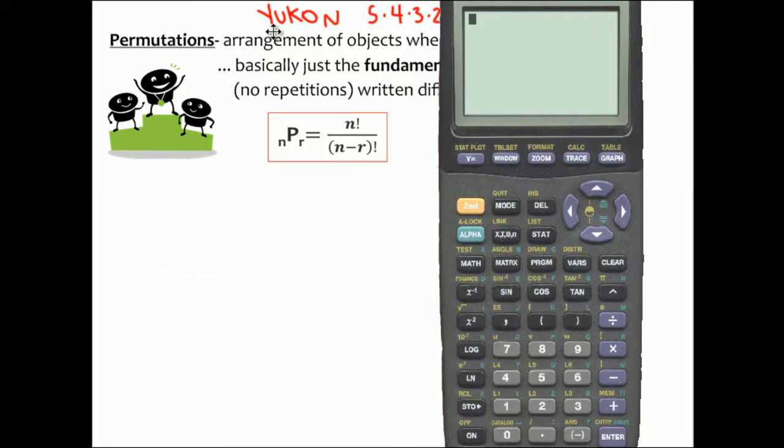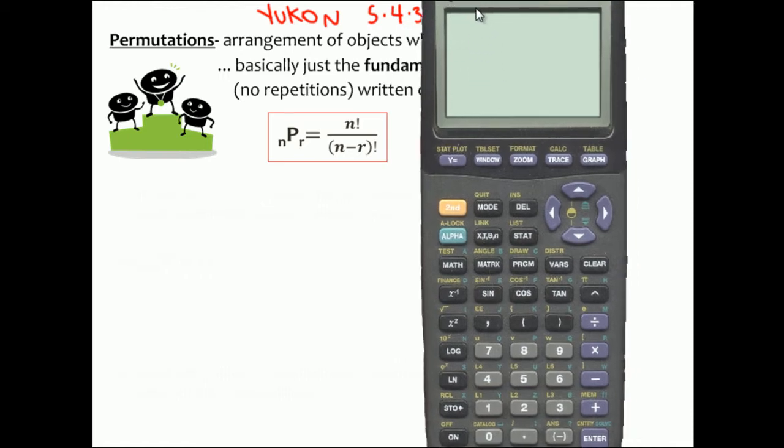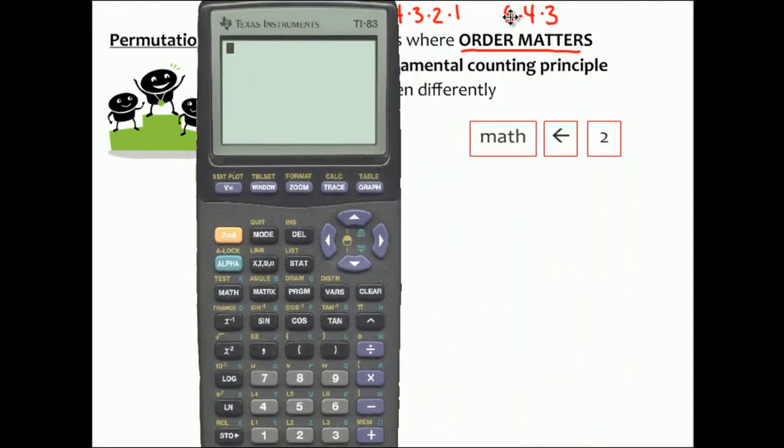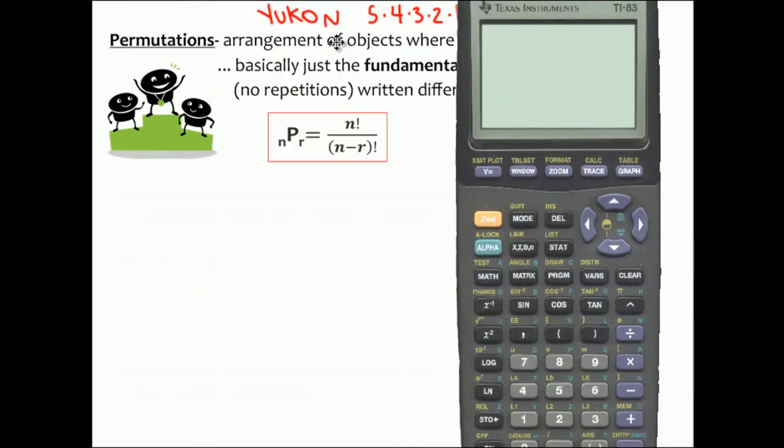So with our Yukon example, we're taking 5 letters and we're picking them 3 at a time, just like we did here. We have 5 letters to pick from total.